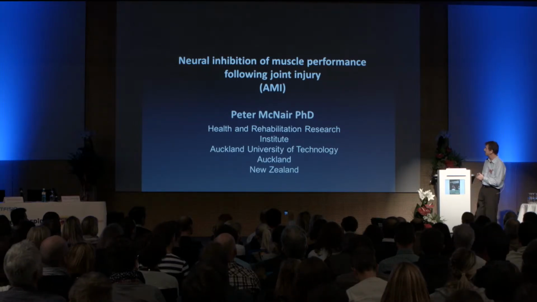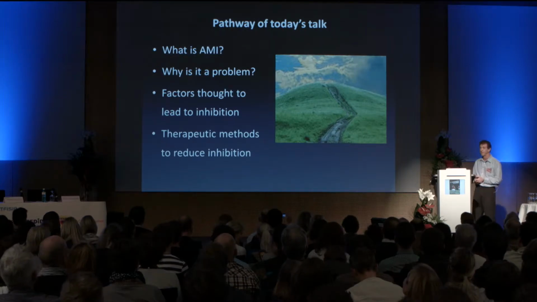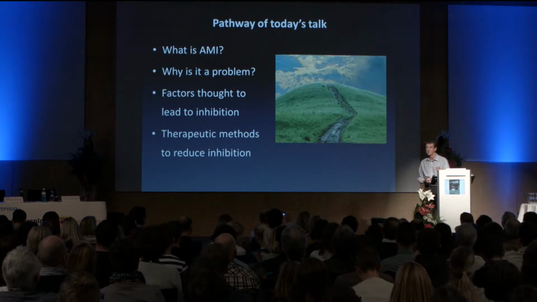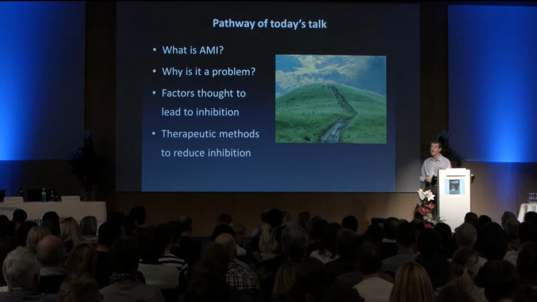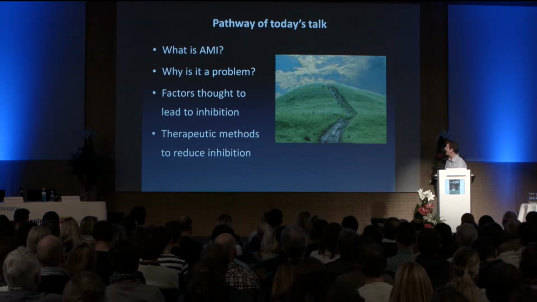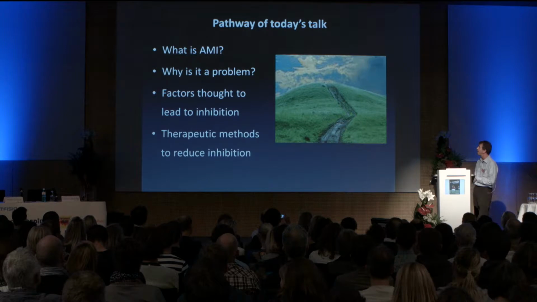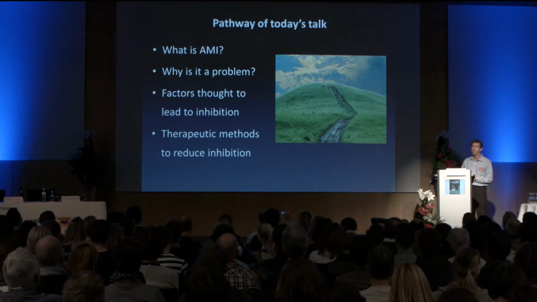Today, I've been asked to speak about neural inhibition occurring as a result of trauma or disease occurring to a joint. And the pathway that I'm going to take you along today is before you here. Firstly, we'll have a look at what is this arthrogenic muscle inhibition, which I'll be calling AMI, and why is it a problem.